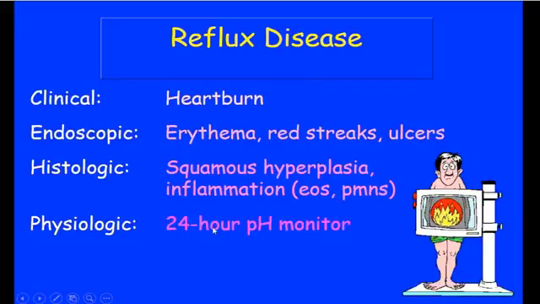So reflux disease has a lot of different clinical manifestations. It's by far the most common form of esophagitis, but it's not necessarily the most common thing to get biopsied. Clinicians have a whole grading scale, the LA classification, for what they think is esophagitis through the endoscope based on how red and how ulcerated things look.